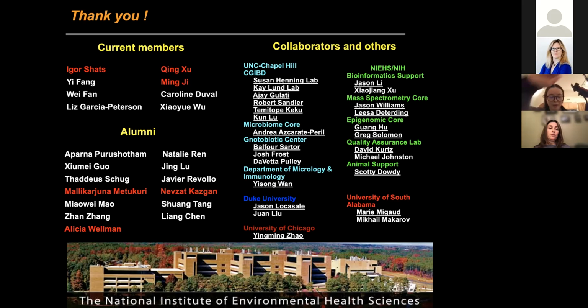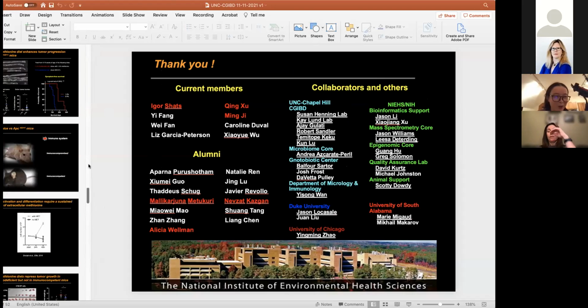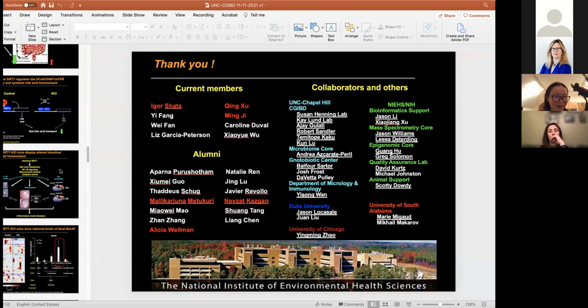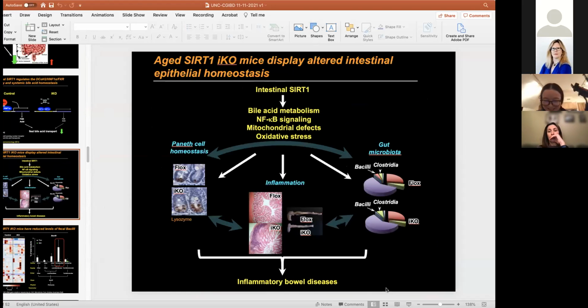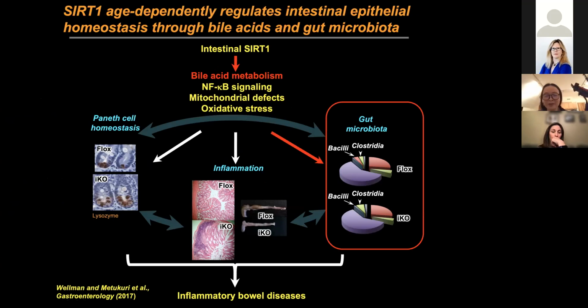I probably didn't explain that part very well, because I wanted to show you other things. Basically, yes, we see a number of defects in this animal model, especially when they get older, either at the molecular level or at the morphological level.